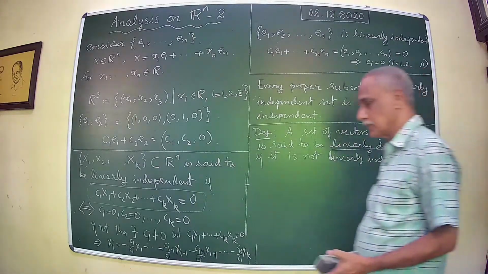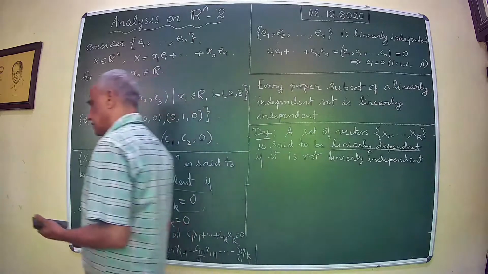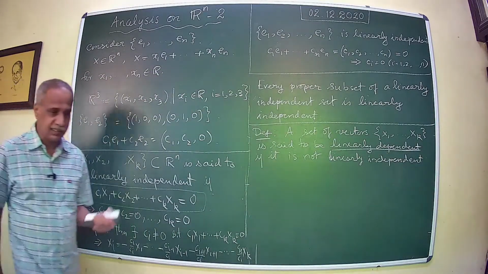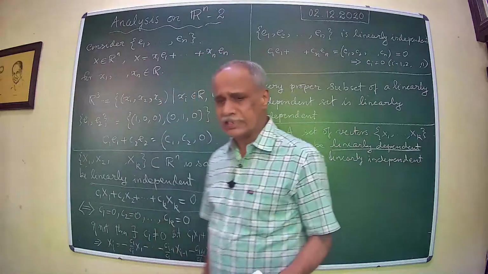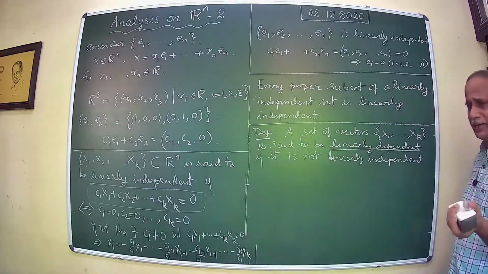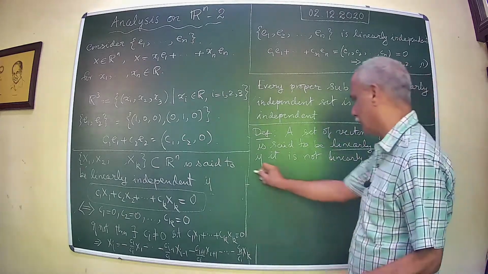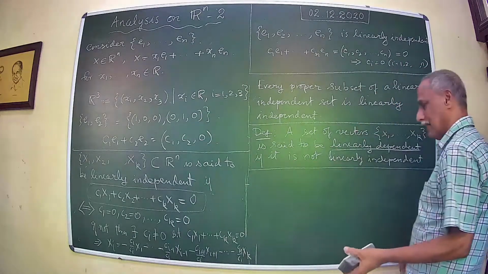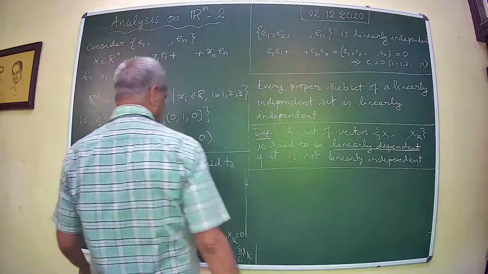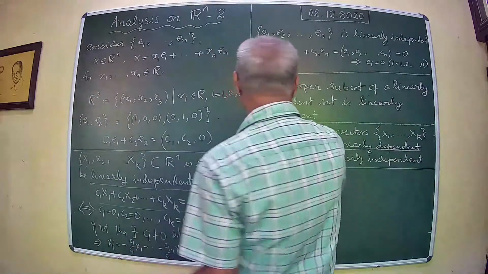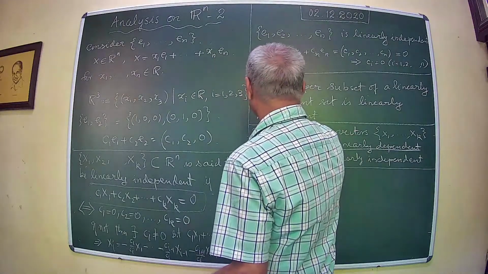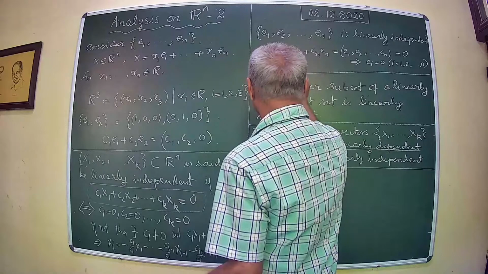A proper subset of a linearly independent set is linearly independent. If not, it is linearly dependent. If it is linearly dependent, then it leads to a contradiction. So you work it out as an exercise. Okay. Show this.